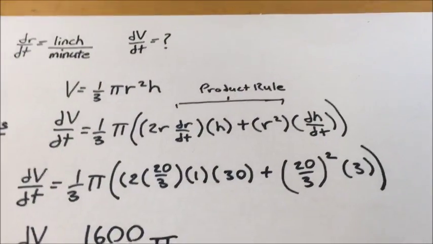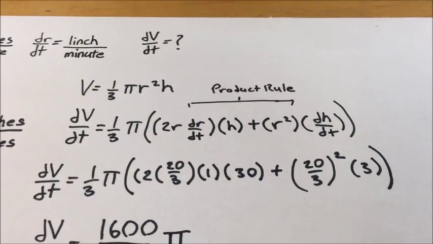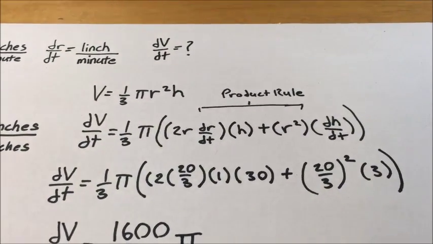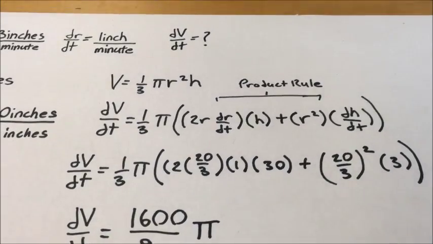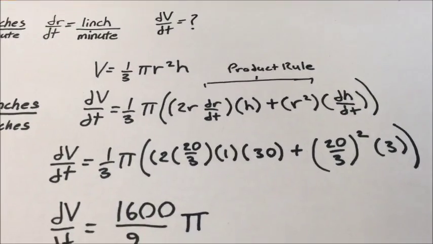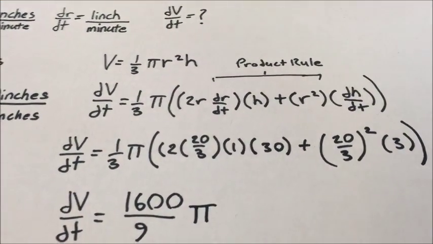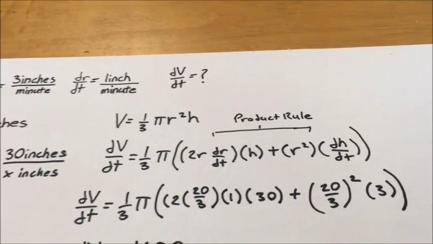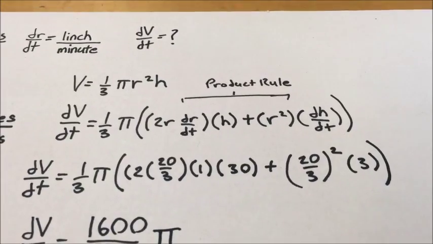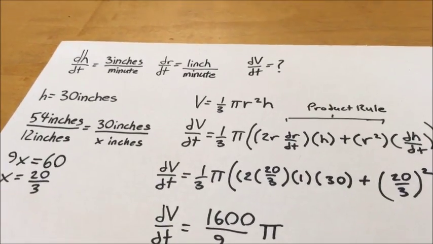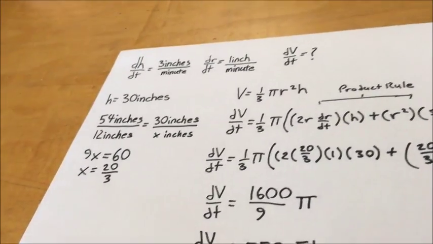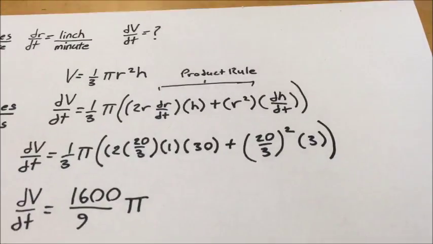Now, if you want to simplify this, you can, but I'm going to just substitute in everything. So you're left with dv over dt is equal to 1/3 pi times 2 times the radius, which is 20 over 3, times 1, because that's the rate of change of the radius, times 30, which is actually the height, as you can see, plus 20 over 3 squared, because it's the radius, times 3.